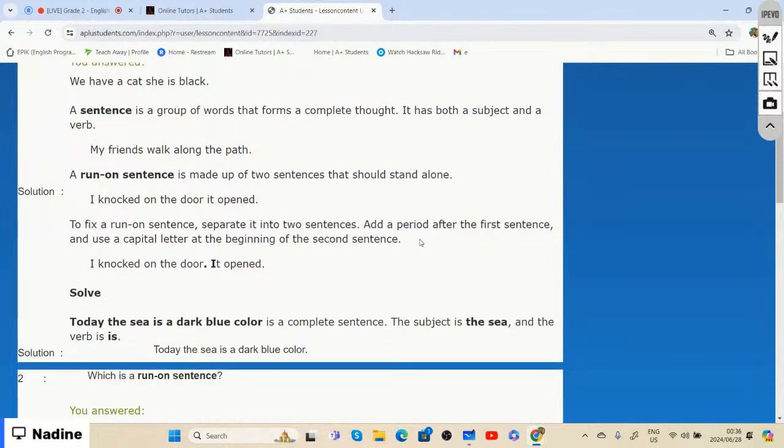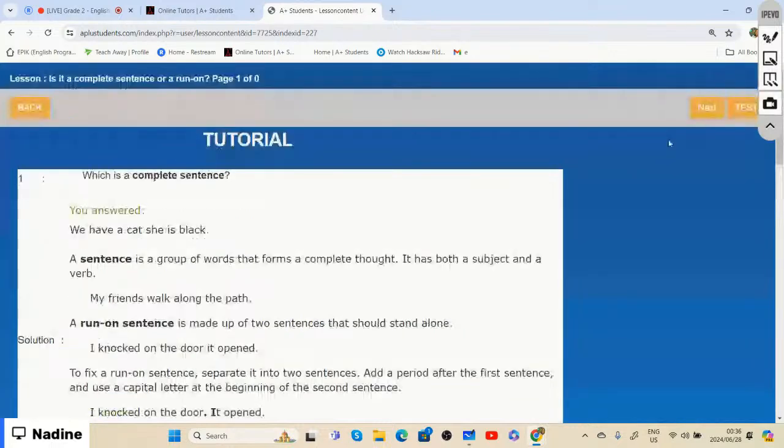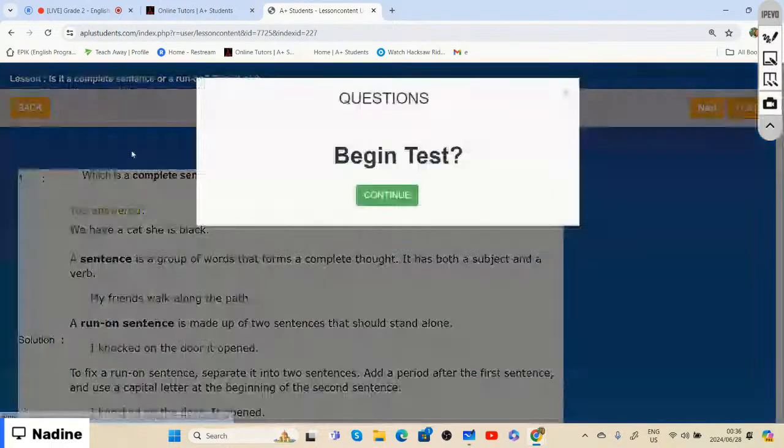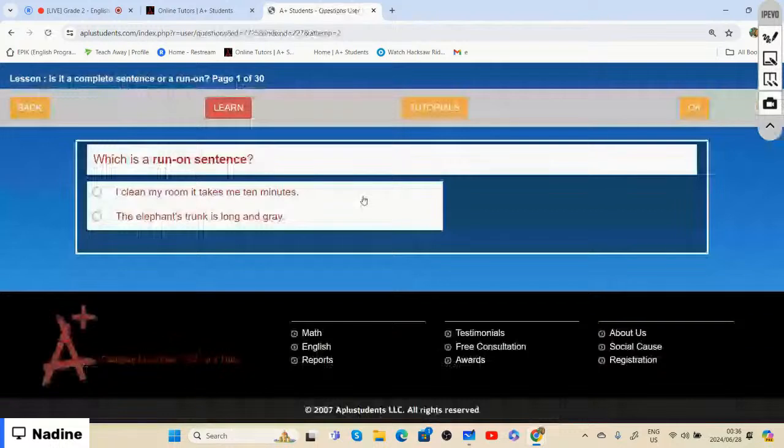All right, let us go to our test, where we are going to identify a run-on sentence. We need to say which is a run-on sentence, which means it can be two sentences that should have been standing on their own.